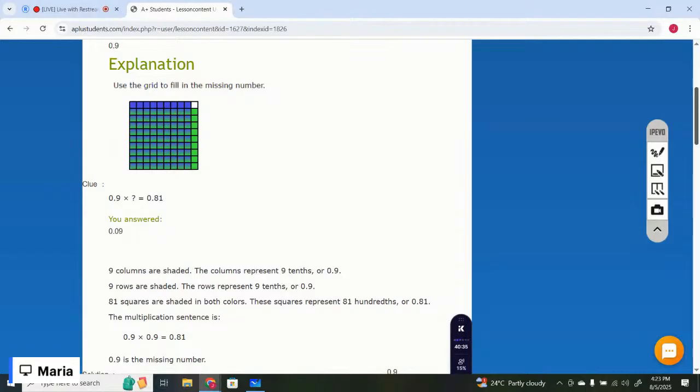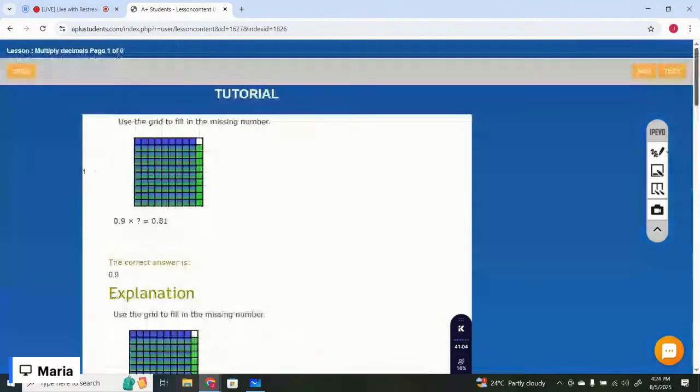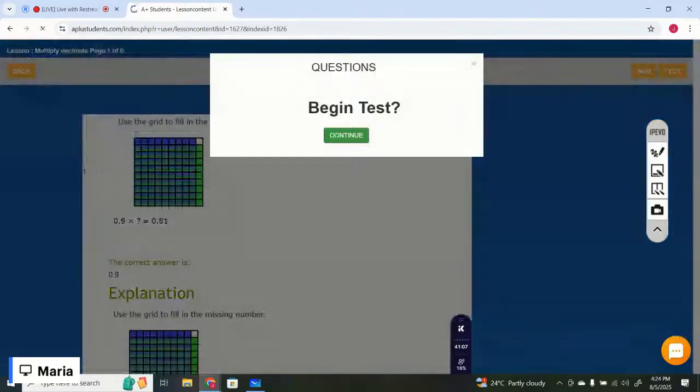So 9 columns are shaded in and 9 columns are shaded blue. 0.9 times 0.9 makes 0.81. Let's just start with the test questions.